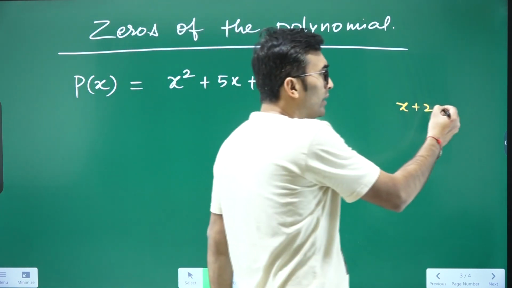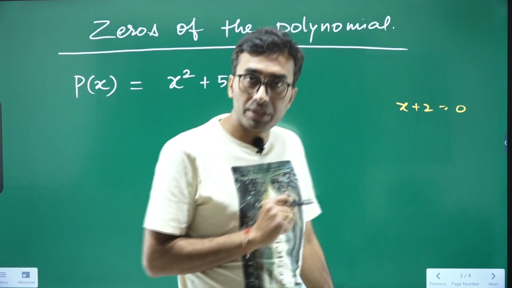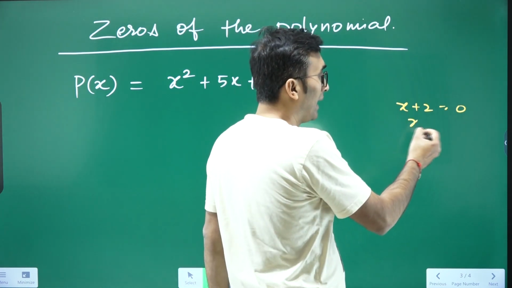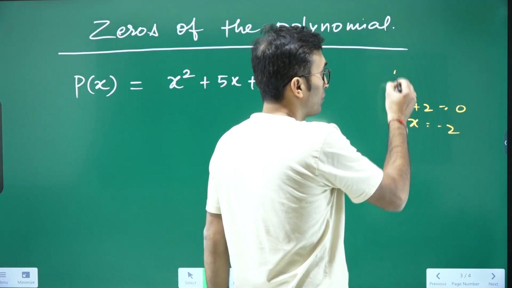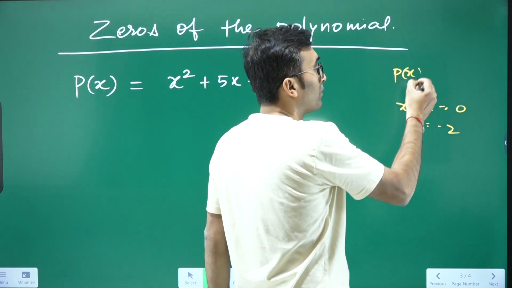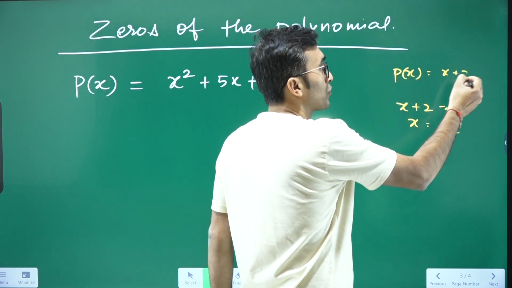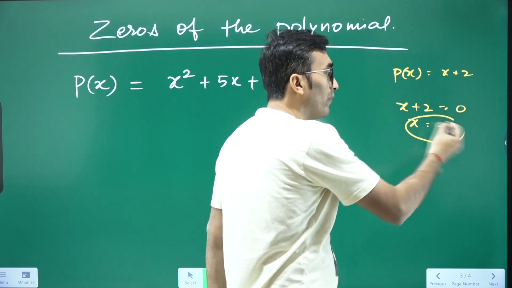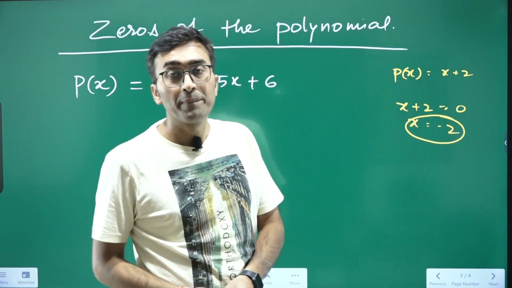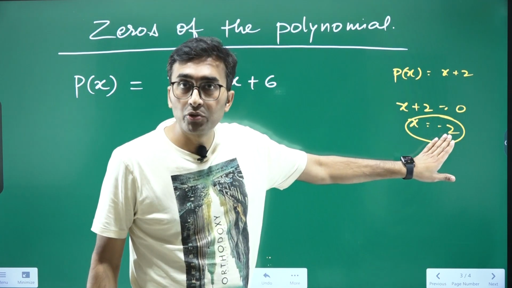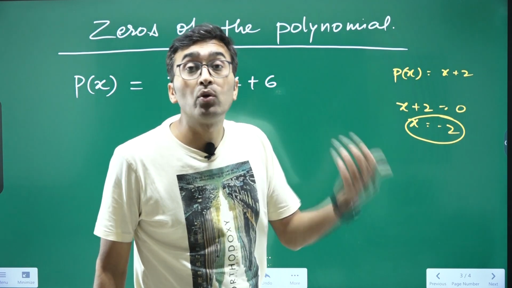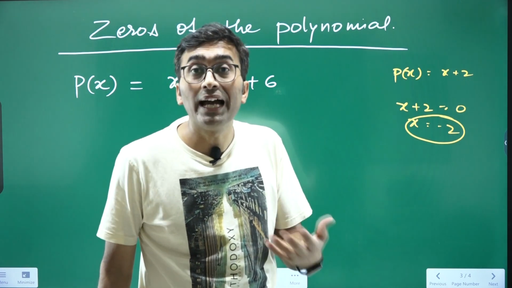So equate it simply to 0, then you will get x equals negative 2. Initially, my polynomial p(x) was x plus 2. So I got the value of x as minus 2. So this minus 2 is the zero of the polynomial. Why am I saying that?